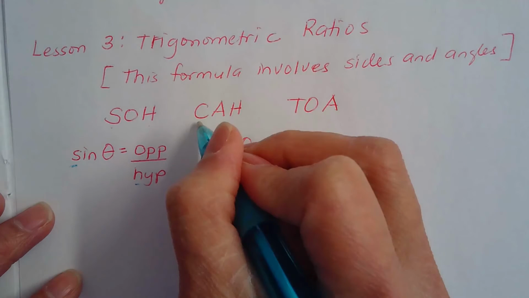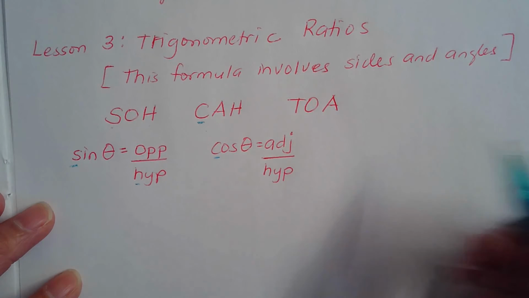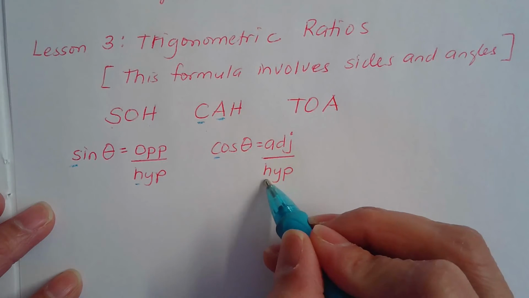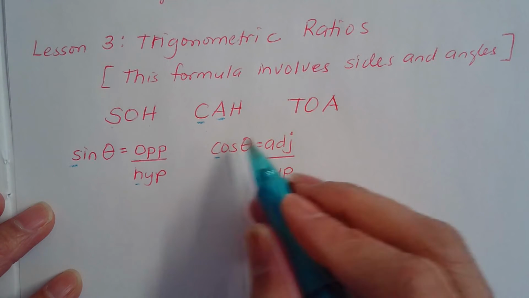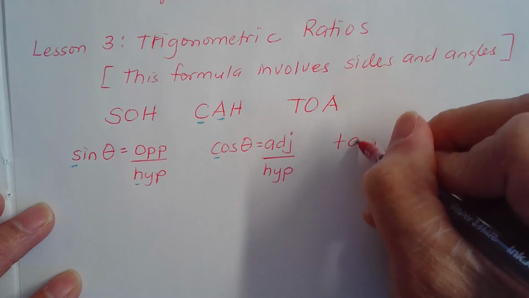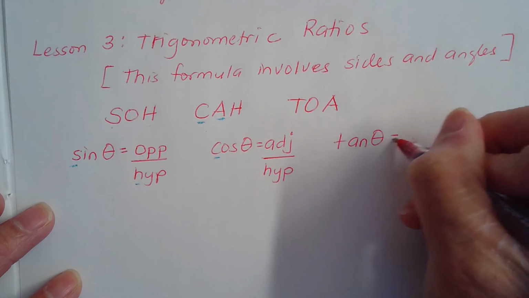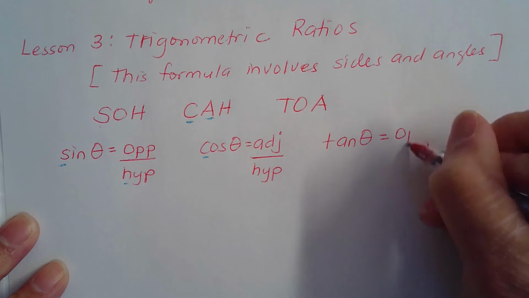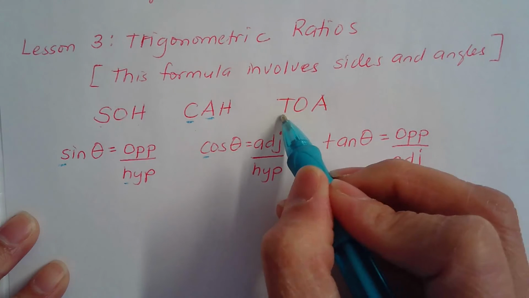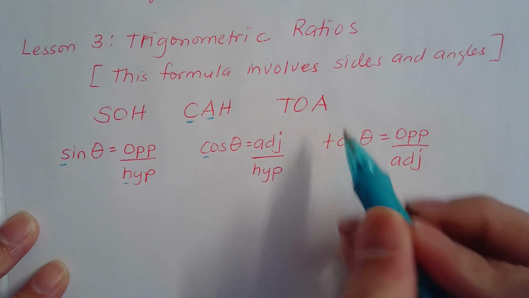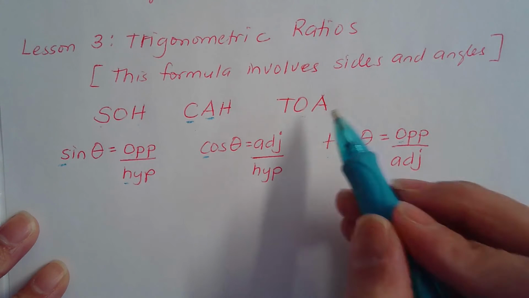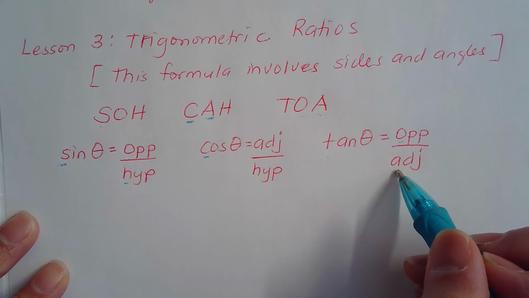So the C represents the cos, the A represents adjacent, and then H is hypotenuse. Okay, so CAH. And the last one is T, so that's the tangent. So tan theta equals opposite over adjacent. So the T represents the tangent, the O represents the opposite, and then the A represents adjacent.